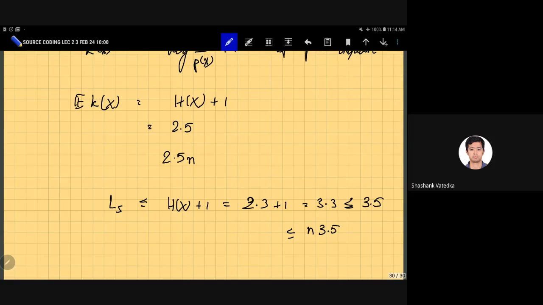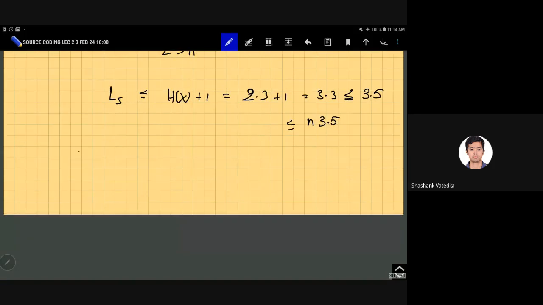So for dyadic, if you do symbol-wise encoding, LH symbol-wise of xn is always equal to n times h of x.